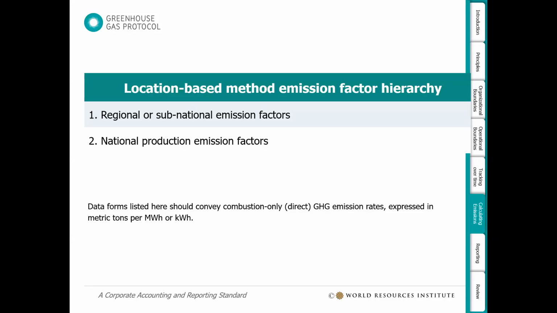And those are okay if they take into account energy transfers across national borders. But the broader point here is that regional or subnational emission factors are preferred over national production emission factors.